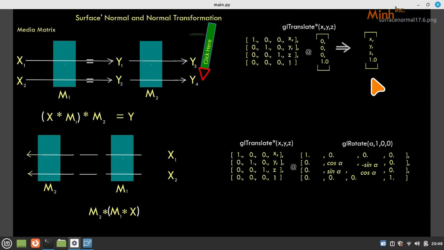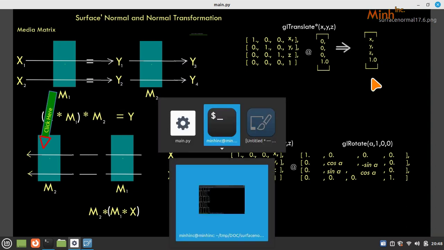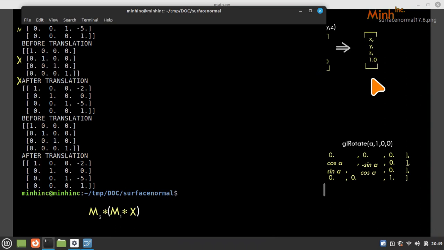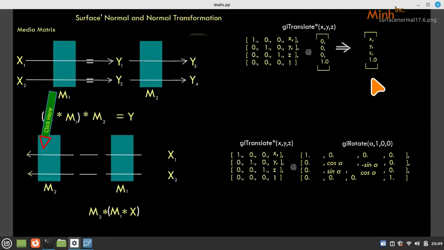Okay, now the story is if there are two matrices M1, M2. In OpenGL we specify M1, then M2. So we specify matrices first and then drawing happens. So this is the input on the right side. It multiplies with matrix 1 and then multiplies with matrix 2. Okay, so what we can do is rotate and then translate.